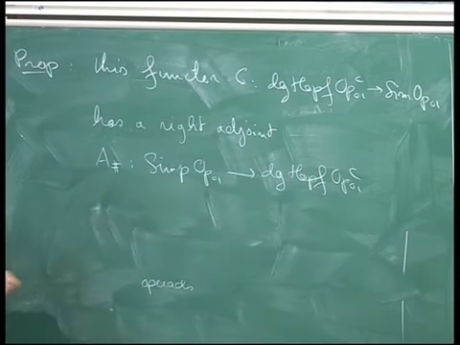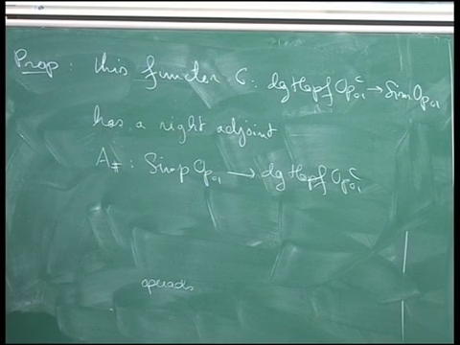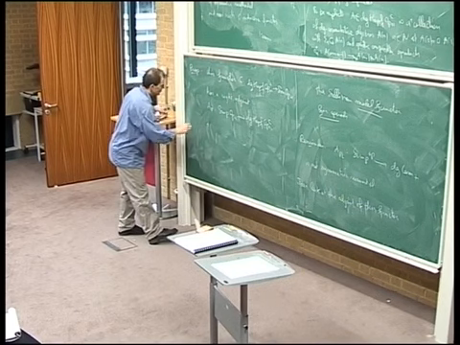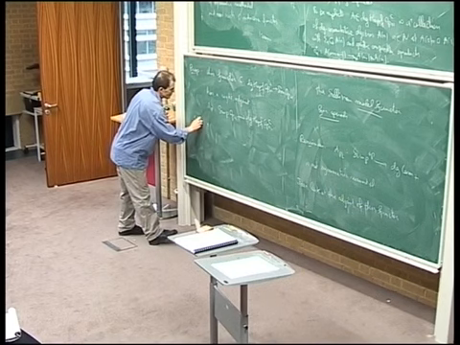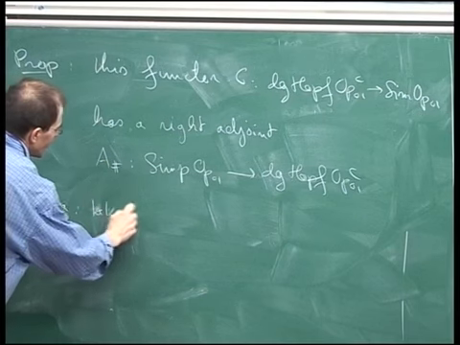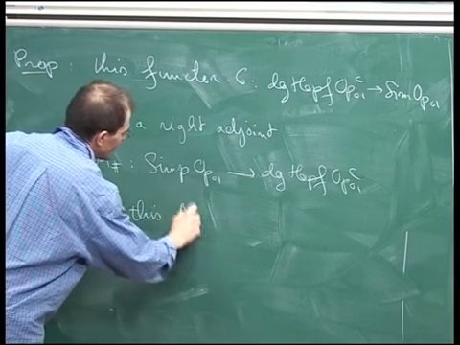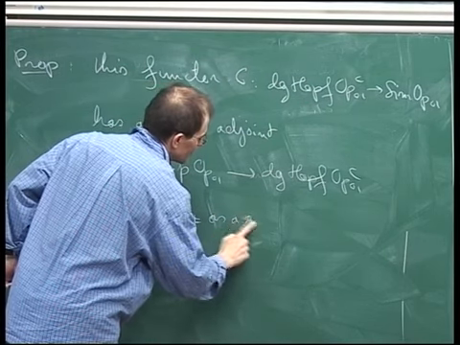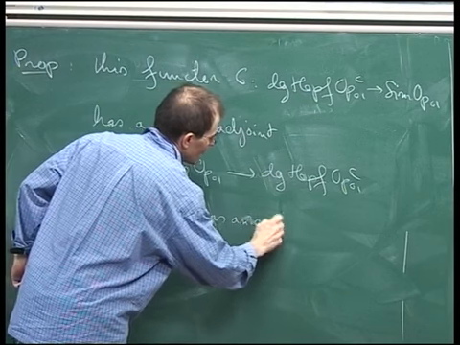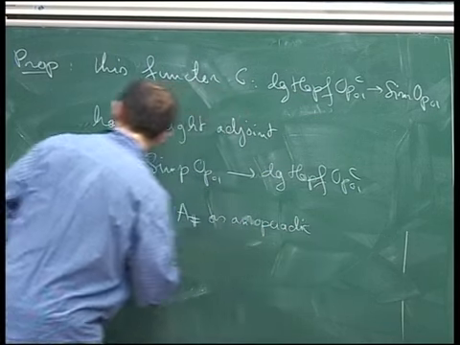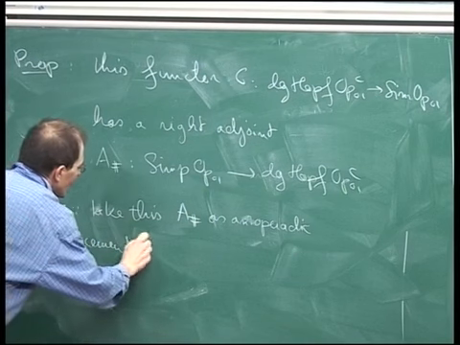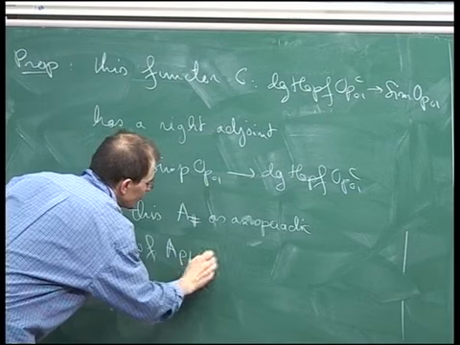The idea is to take this A sharp as an operatic replacement of the Sullivan functor APL.